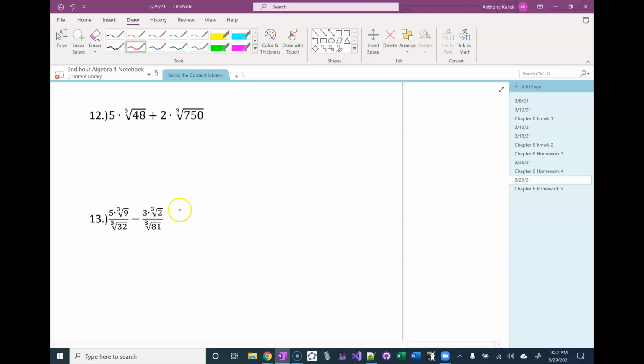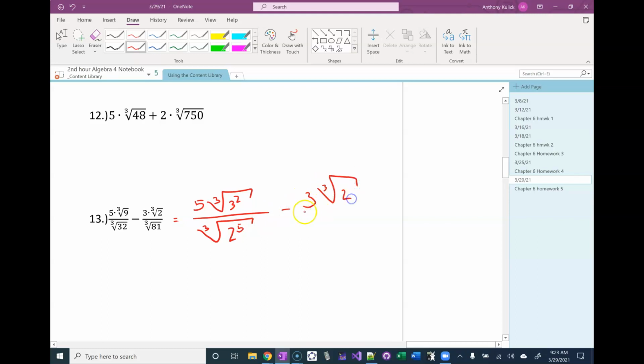So I'm going to start by doing prime factorizations. So far, so good?